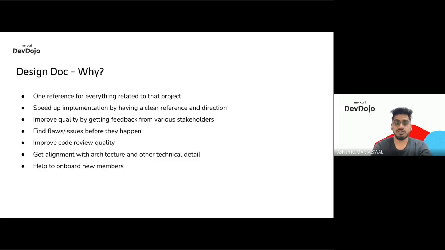You can also mention how you're going to test the feature, how you're going to release it, what the release plans are, and several other things. Also technical details, and what architecture you're going to use, and everything. Overall, you can think of a design doc as a point of reference for anything related to a single project, single feature, or single issue.